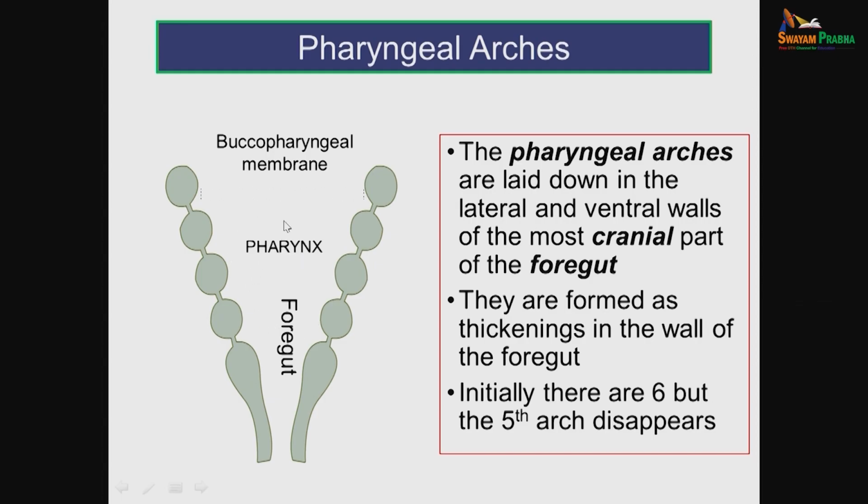What is shown here is the pharyngeal gut. They are nothing but thickenings in the wall of the foregut. They are the mesodermal bars. Initially there are 6 arches, but the 5th arch will disappear.